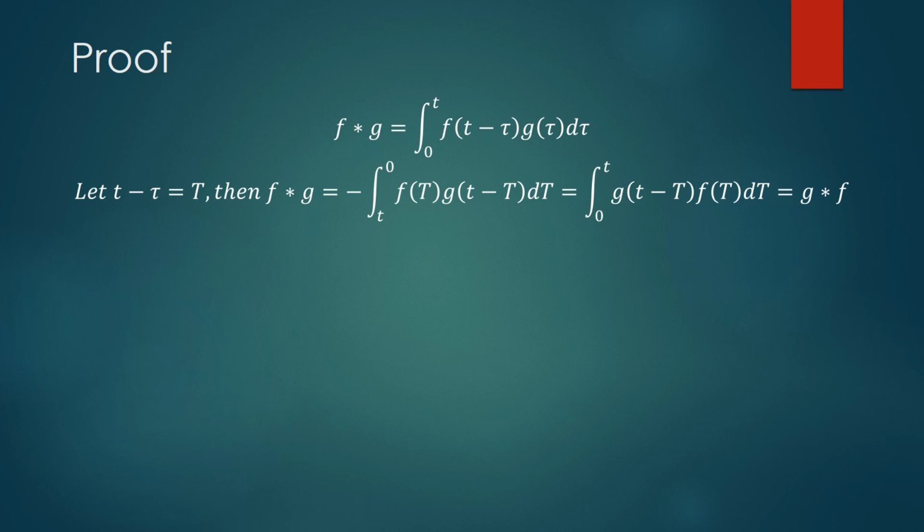Proof: f convolved with g equals the integral from 0 to t of f(t minus tau) times g(tau) d tau.